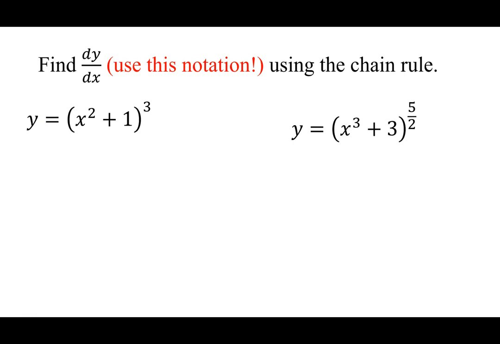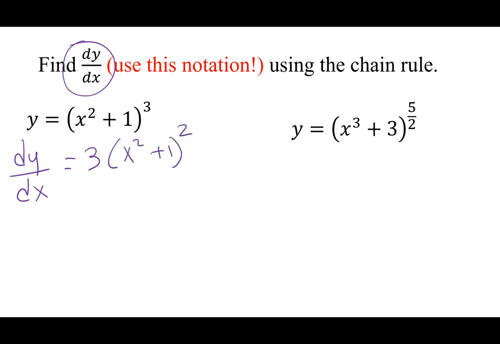So find the derivative. And again, from this point forward, as long as it's a y equals, I do want you to call it dy dx using the chain rule. So y equals 3x squared plus 1 cubed. We're going to take the derivative, which again, I'm telling you to call dy dx. You're going to bring down the 3, take the entire quantity to the 1 less power.